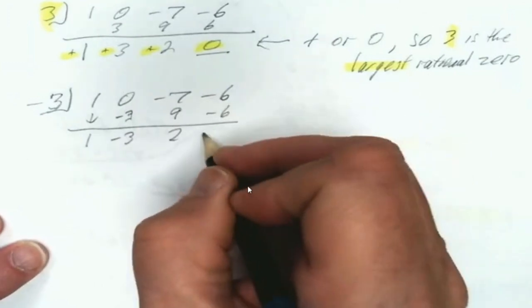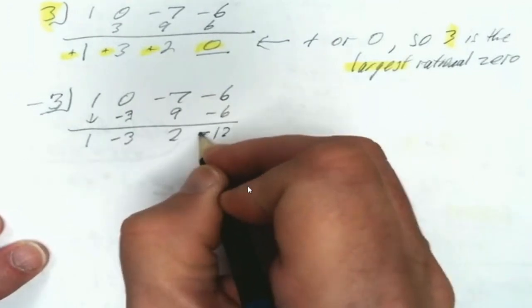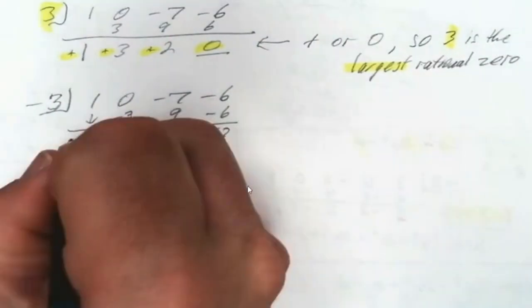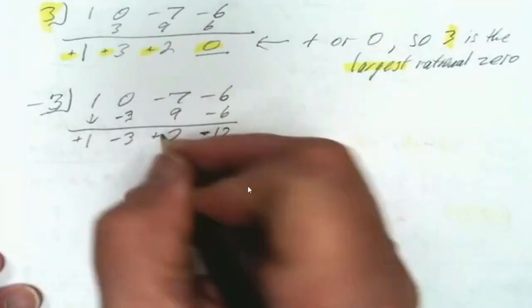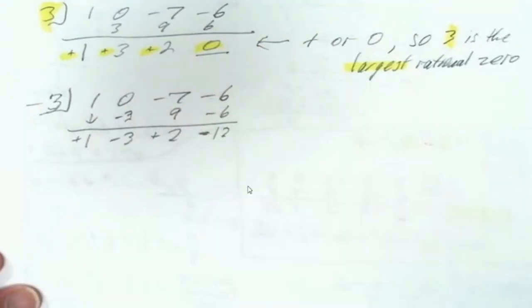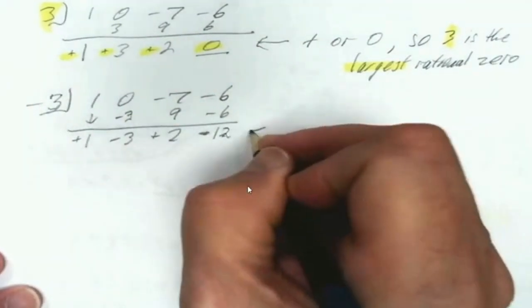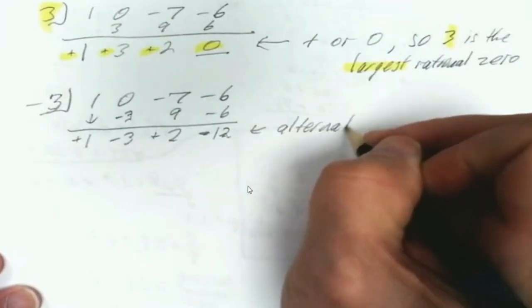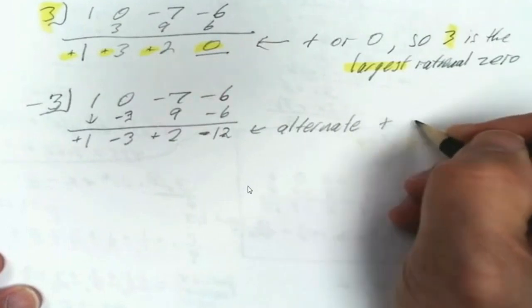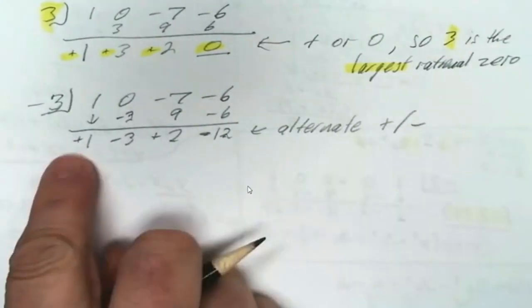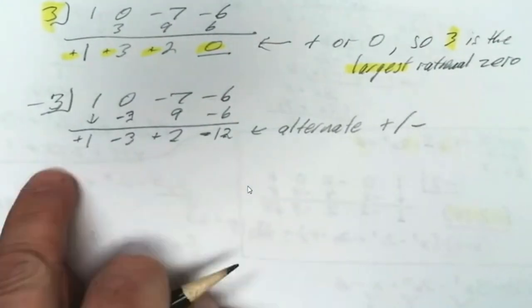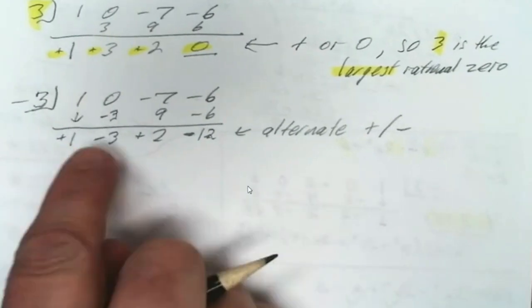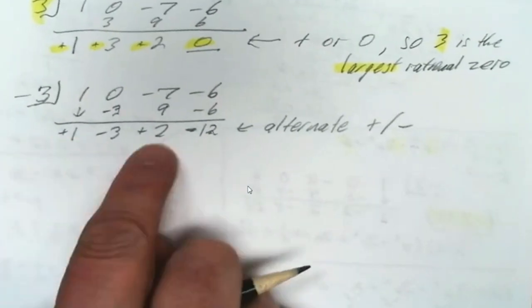And that ends up -12. Now what happens? We've got a +1 and -3, a +2 and a -12. It alternates. Plus, minus, every time it alternates: plus, minus, plus, minus, plus. Without fail. It doesn't go plus, plus, minus, plus. It's plus, minus, plus, minus.